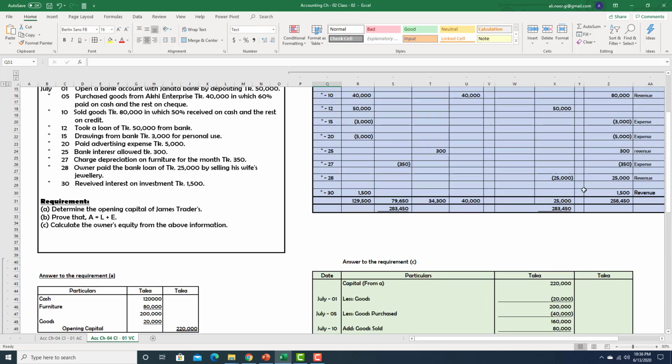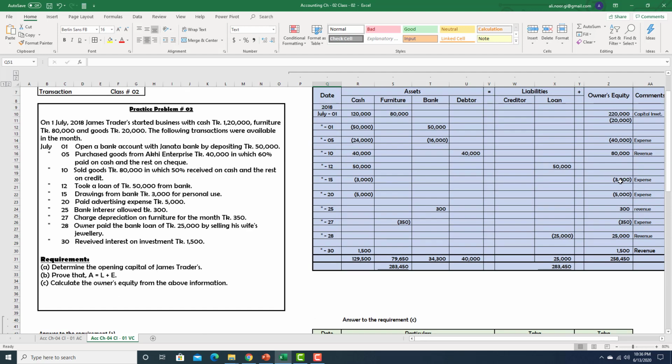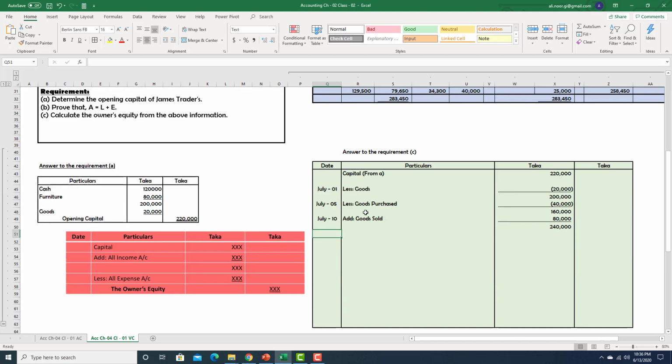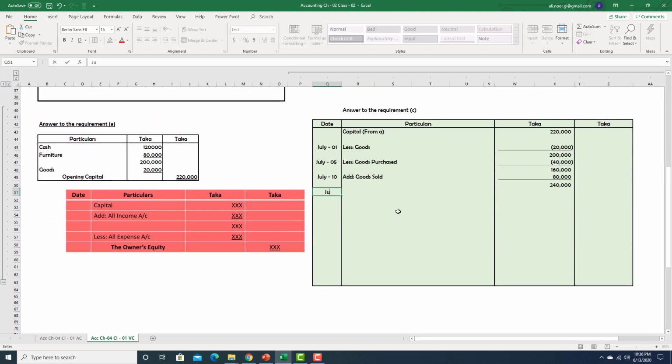Next, you can see taka 3,000 subtracted from capital. This is July 15 and this is drawings. So July 15, less drawings taka 3,000.